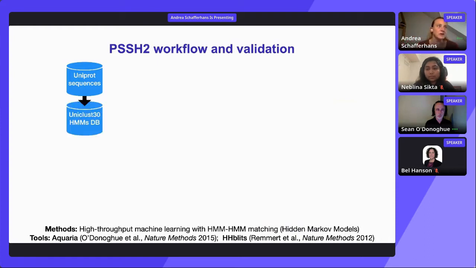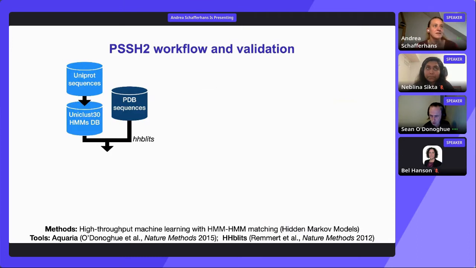How does the workflow work? What we do is we use the database of HMMs that HHblits and the HH-suite provide. We take all the unique PDB sequences that you can find, and scan these against the known proteins to build the profiles. And thus we get an HMM for every PDB sequence.